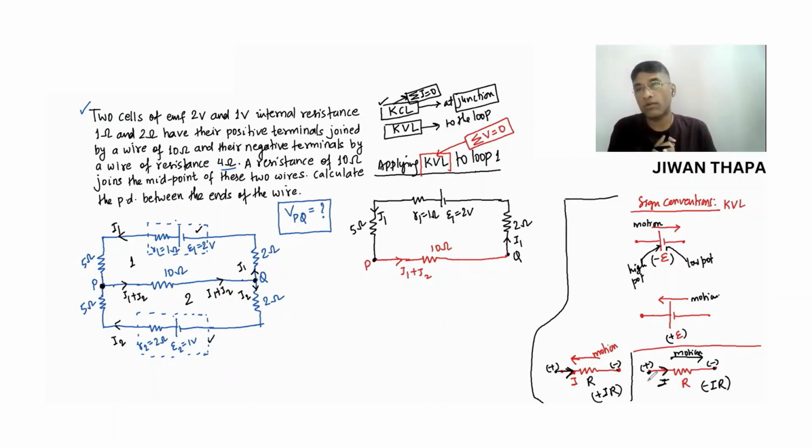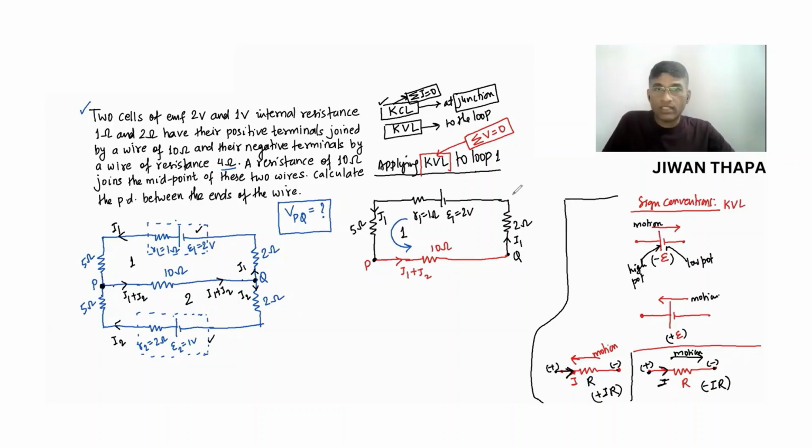Now as I said earlier, this is loop 1. Now let us move in this loop in anti-clockwise direction. We are going to make an equation for loop 1 and 2, and we solve the equations and find the potential difference finally.